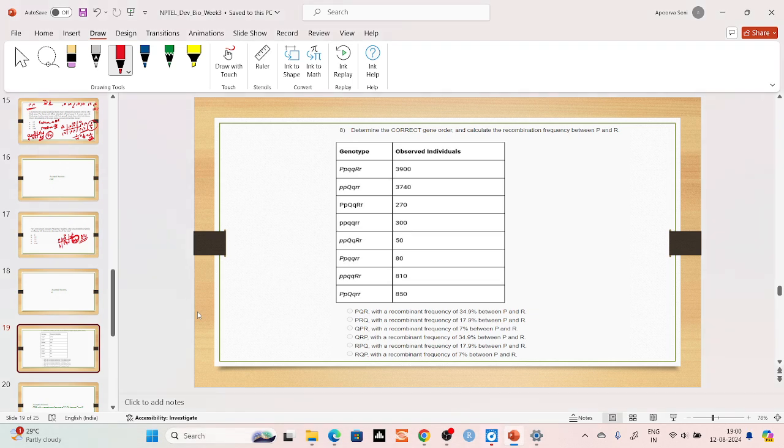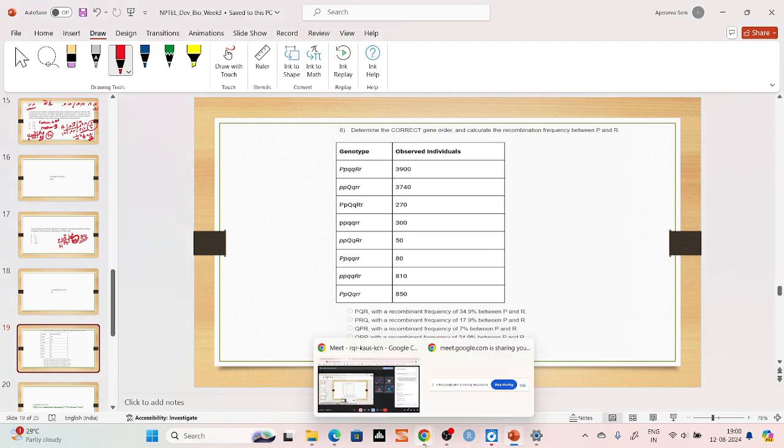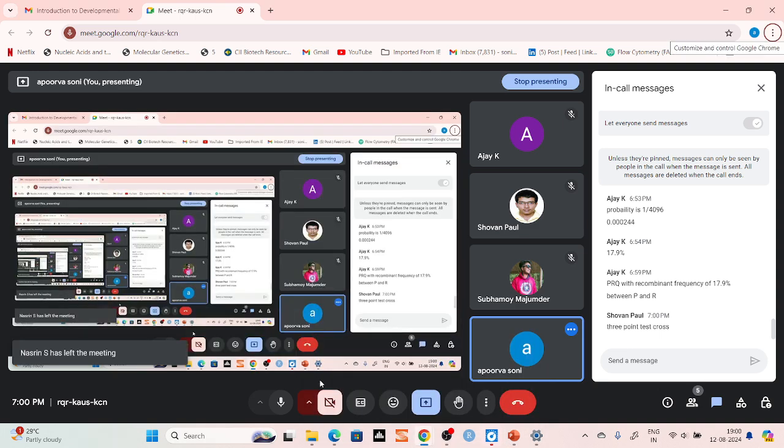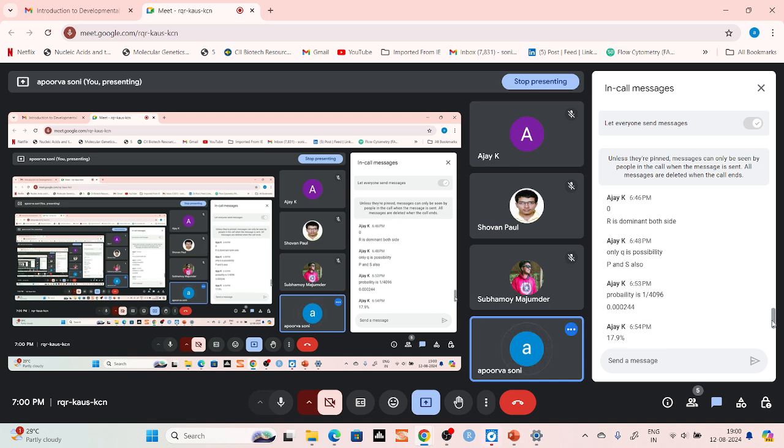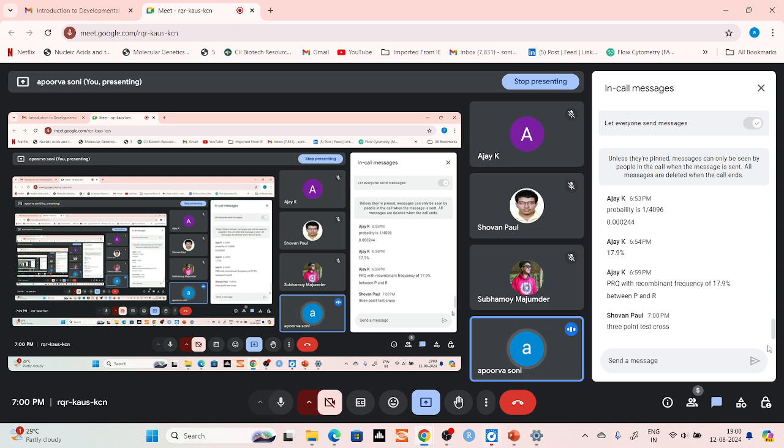Let us see. Yes, it is a 3 point test cross.